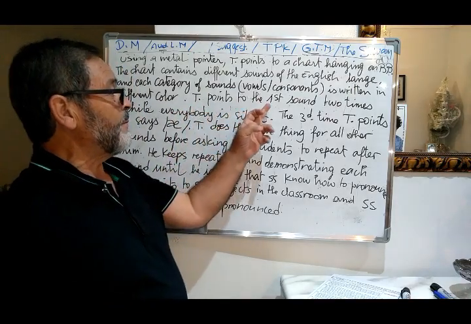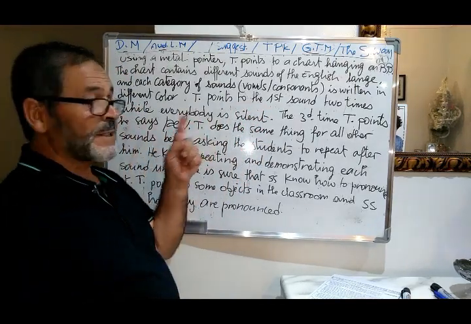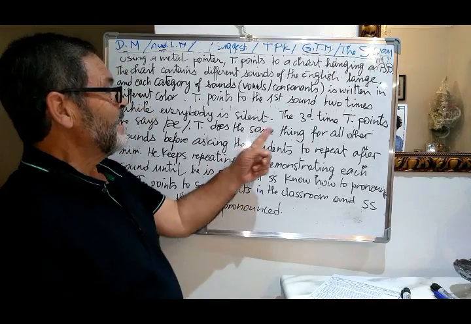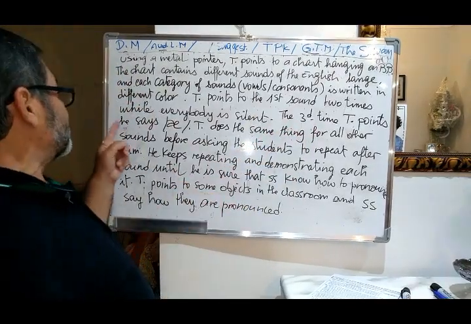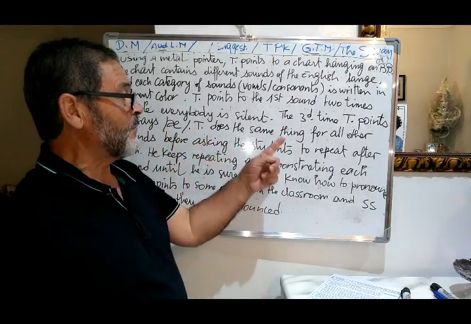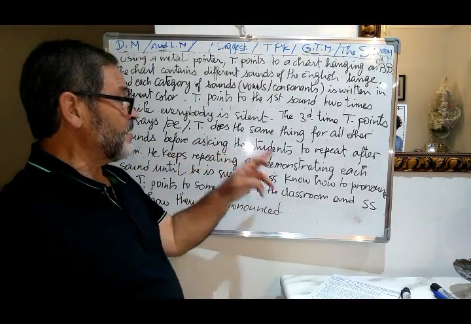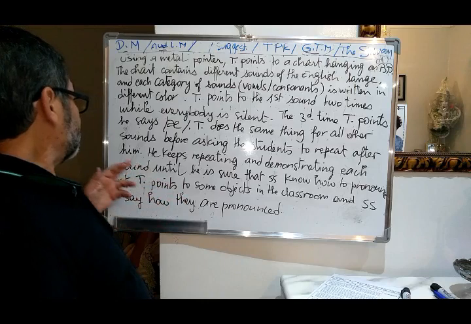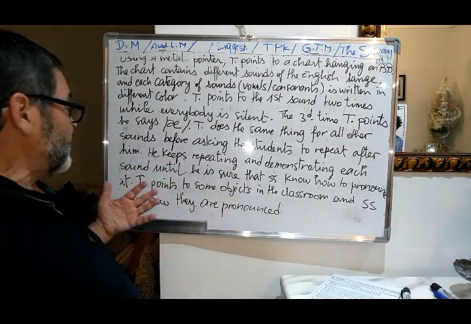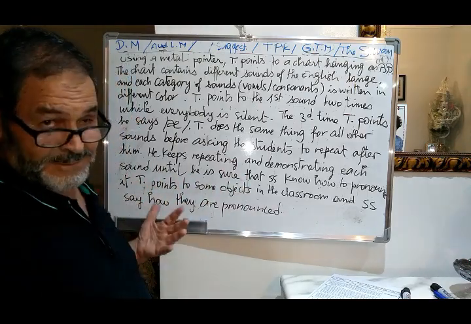The teacher points to the first sound two times, while everybody is silent. So look at the word silent. The third time, the teacher points and says the sound. The teacher does the same thing for all other sounds. Before asking the students to repeat after him, he keeps repeating and demonstrating each sound until he is sure that students know how to pronounce it.